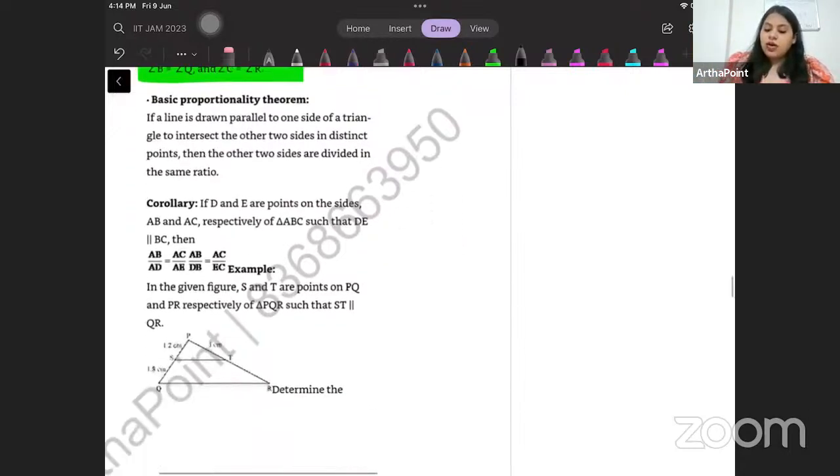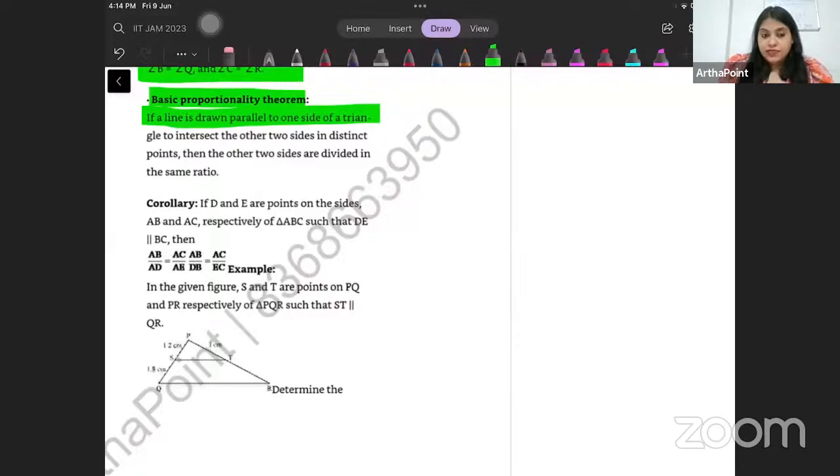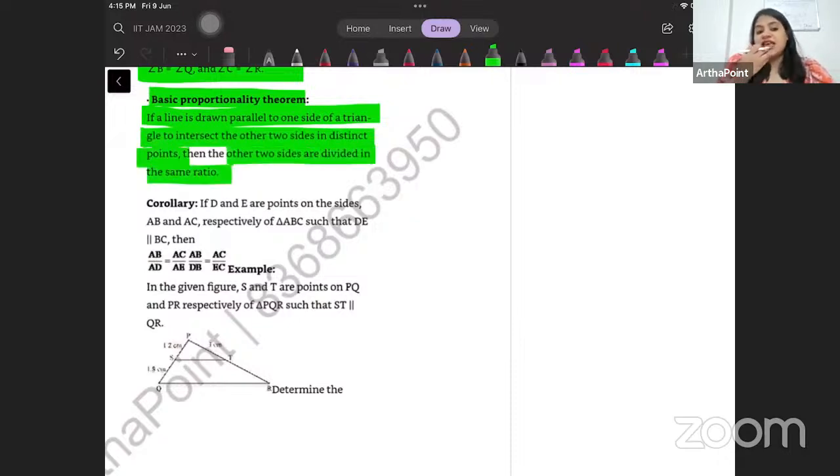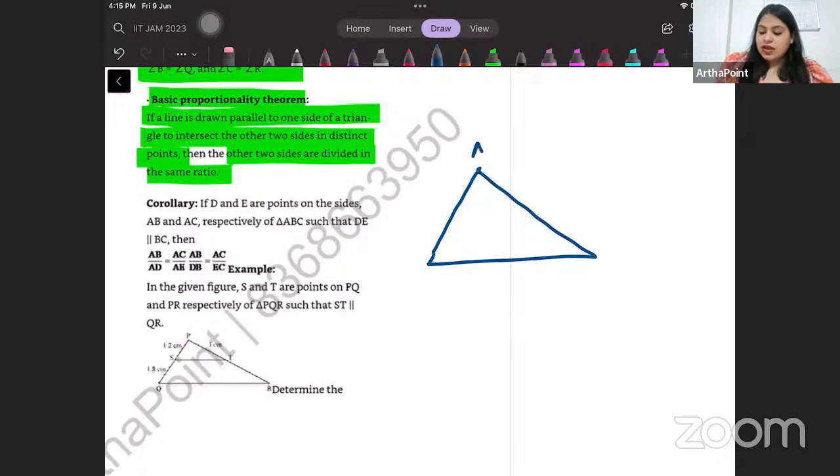Now next, let's talk about the basic proportionality theorem. It suggests that if a line is drawn parallel to one side of the triangle to intersect the other two sides at distinct points, then the other two sides are divided in the same ratio. So I have this triangle ABC.